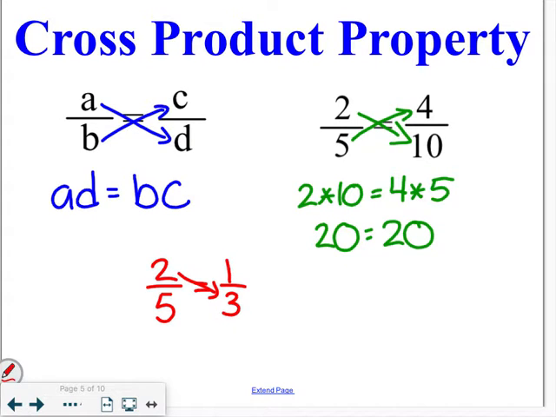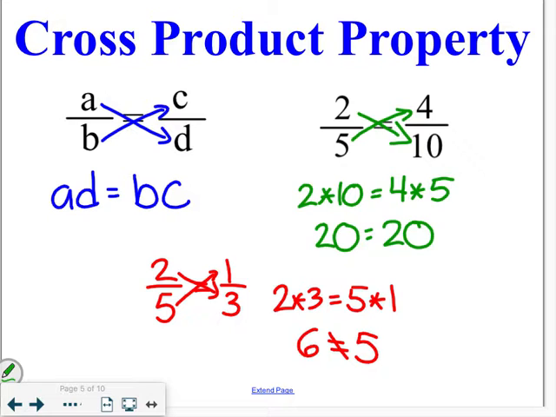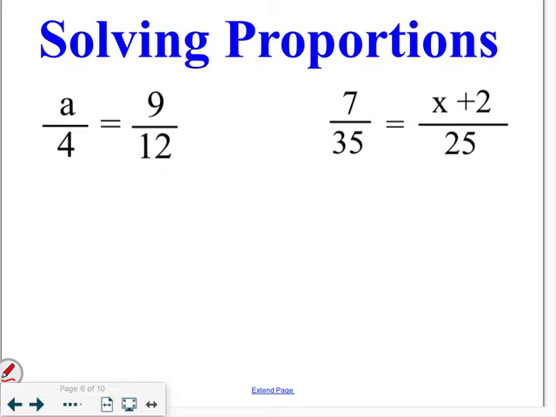If I checked the cross product on that, I would end up with 2 times 3 is equal to 5 times 1. 6 is not equal to 5, so these two are not actually equal, which is something that we know is true. So this cross product property allows us to decide if ratios are equivalent, and it will also help us solve if there are variables involved in our proportions.